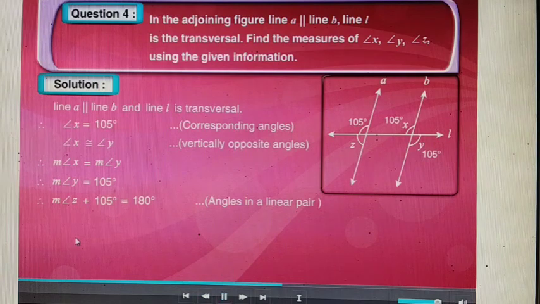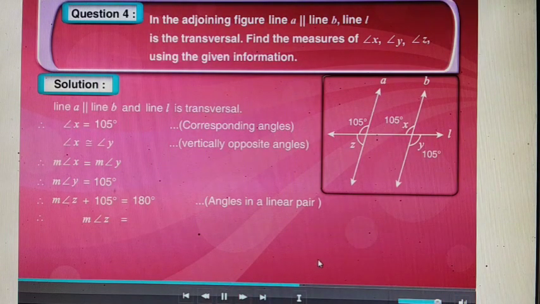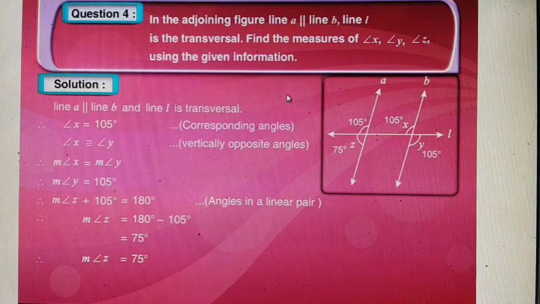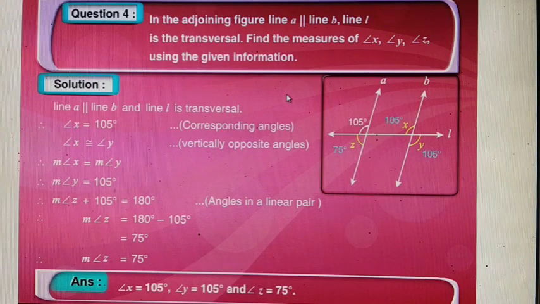And if I shift this 105 to that side, I will get measure of angle Z is equal to 180 degrees minus 105, which is equal to 75 degrees. Therefore, measure of angle Z is equal to 75 degrees. Here we got all the three angles. Measure of angle X is equal to 105, measure of angle Y is equal to 105, measure of angle Z is equal to 75 degrees.